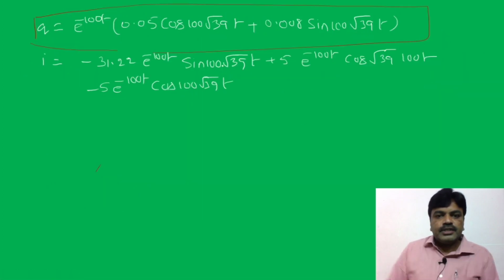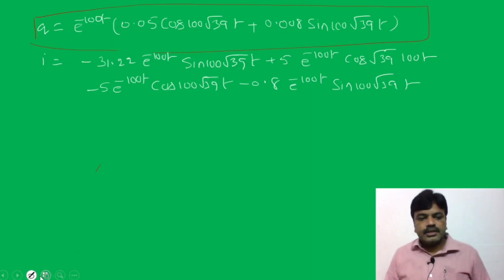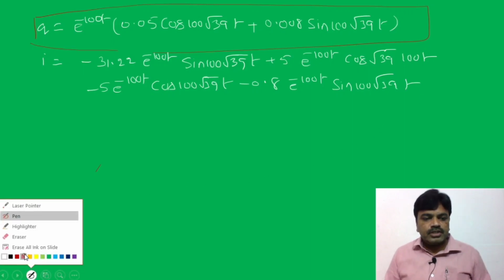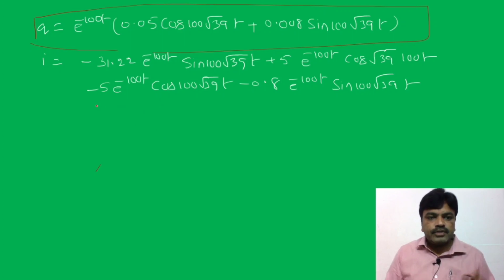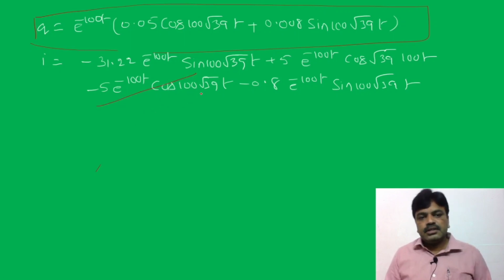So we get minus 0.8 e power minus 100t sin 100 root 39t.